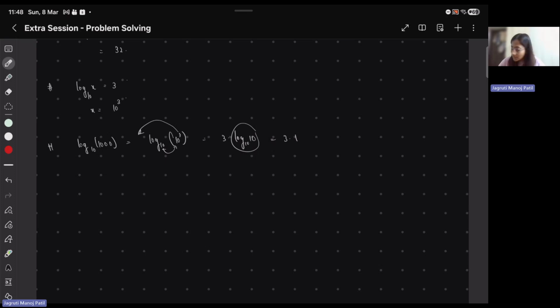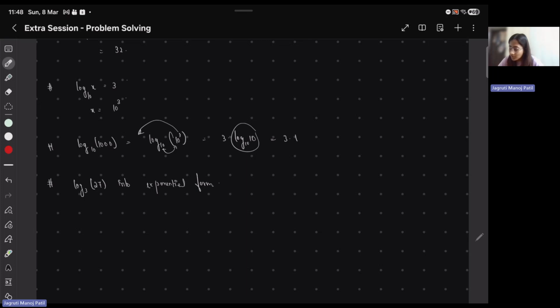Next question. Here, they're asking us to convert log base 3 of 27 into exponential form. So we want to convert this into exponential form.